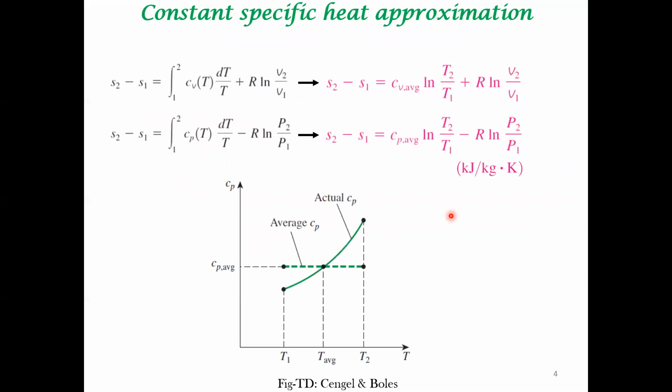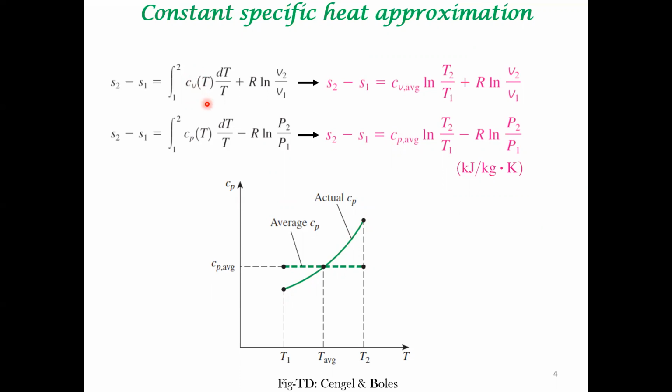Just within the scope of the class, we can assume that the specific heat capacity doesn't vary that much. So the way to handle that scenario is, if you know the specific heat capacity, you can come up with an average specific heat capacity and incorporate that into this expression.